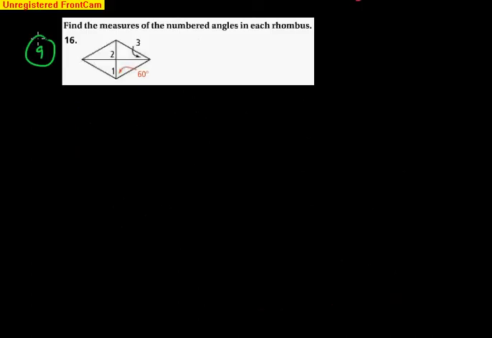Okay, next problem here, number 9. We have a rhombus this time, okay? So we need to figure out what are the measures of these angles in the rhombus. All right. Well, a couple ideas here. I'm actually going to start with angle 2. I know that the diagonals of a rhombus are perpendicular.